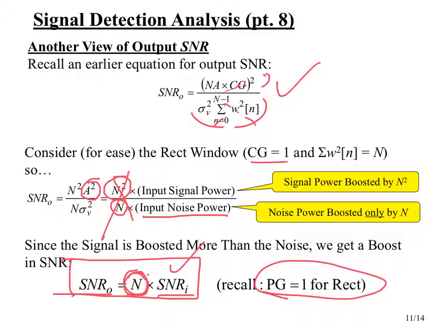So I need to collect at least 1,000 samples to get that. And I'll probably need a little bit more if I'm going to use something other than a rectangular window. So that's how a DSP engineer thinks about these things. This is the key rule of thumb.